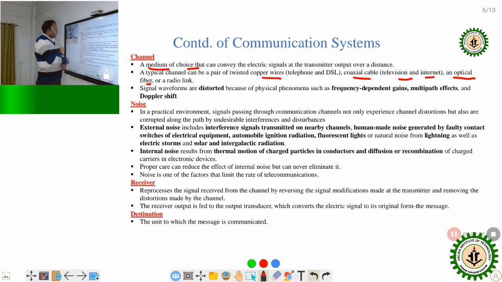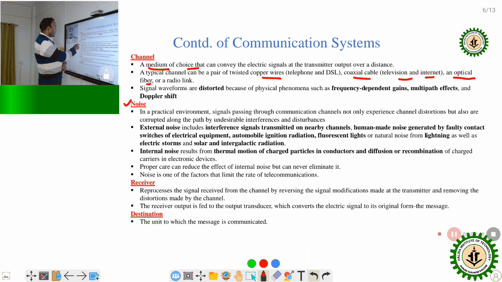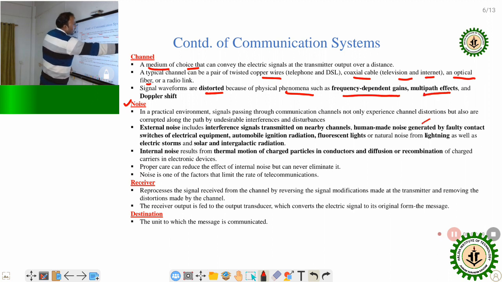Now, the fourth point is the noise. If you go to the previous slide, after you transmit the message through the channel, some unavoidable noise is added. After adding noise or distortion, the signal waveform is distorted because of physical phenomena such as frequency dependent gains, multipath effects, and Doppler shift.